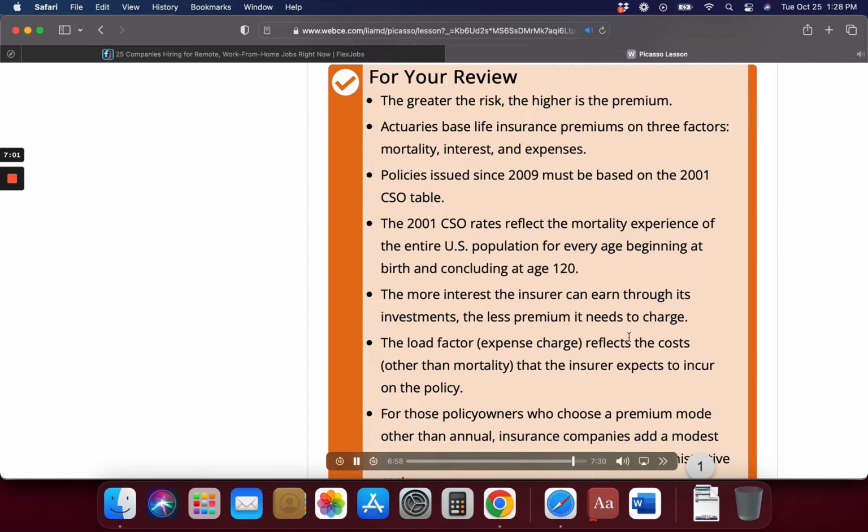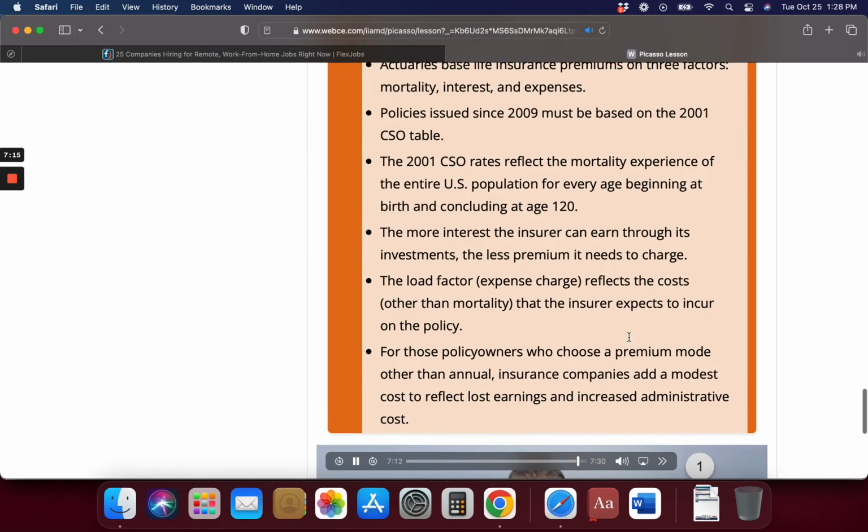The more interest the insurer can earn through its investments, the less premium it needs to charge. The load factor, or expense charge, reflects the costs, other than mortality, that the insurer expects to incur on the policy. For those policy owners who choose a premium mode other than annual, insurance companies add a modest cost to reflect lost earnings and increased administrative cost.